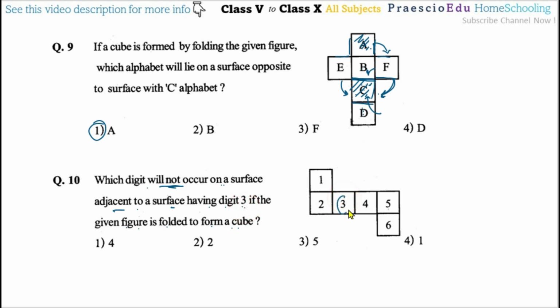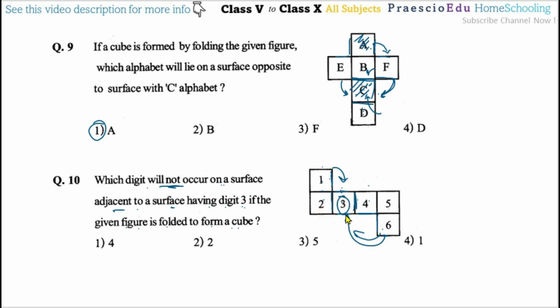Digit 3, so here is the digit 3, so this is common, means this is adjacent. Now 4 is also adjacent. Now after folding everything, this 2 and 3, and this is also folding, and this one also folding, you will get 1, this edge and this are adjoining, so 1 and 3 are also adjoining. Okay, and now after this, 6 also, this edge will meet here, and this surface will meet the 3.